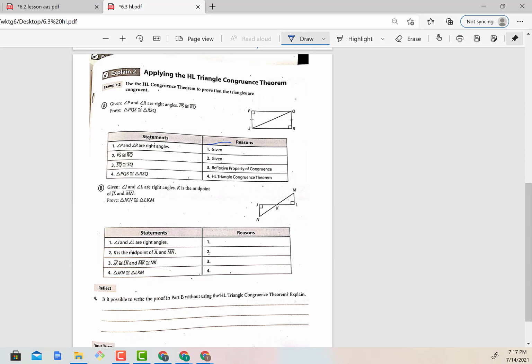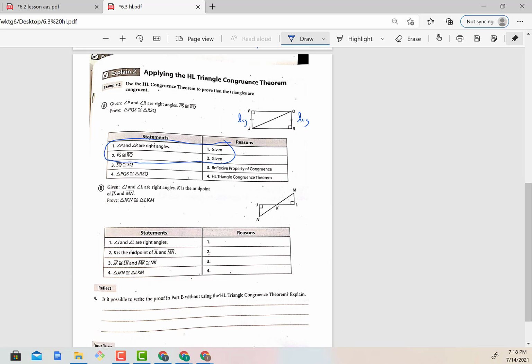But they start with the first two statements, both as the given statements. Statement 1 solidifies both of these triangles as right triangles. Statement 2, segment PS is congruent to segment RQ. Those are the legs of each triangle.